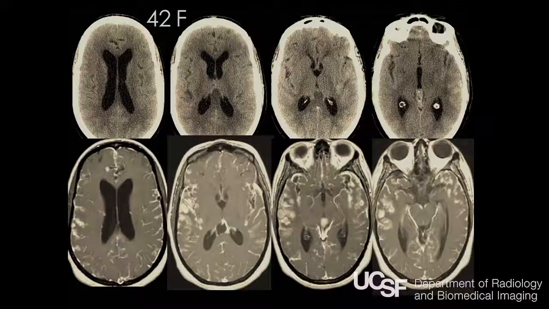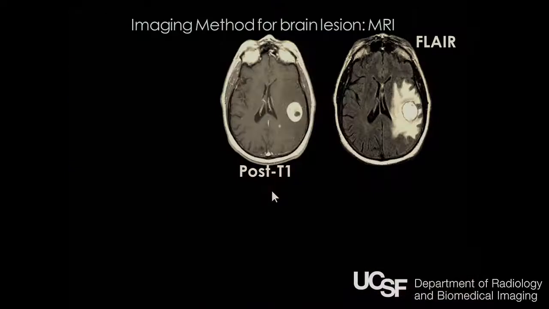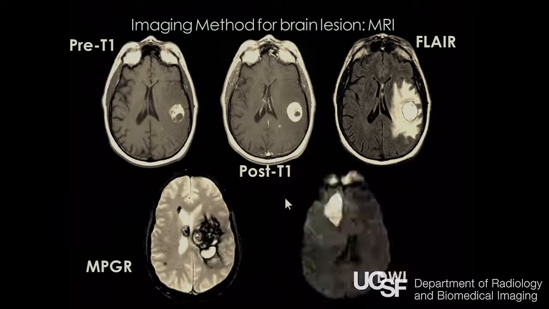That is why MRI with contrast is the test of choice for brain tumor, including leptomeningeal carcinomatosis. At UCSF, this is our standard brain tumor imaging protocol. I stress that before you look at post-GAD, you have to look at pre-GAD, to make sure you're not calling something enhancing when it is already bright to start with.